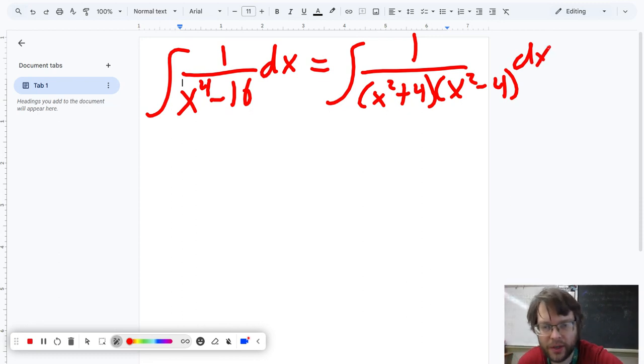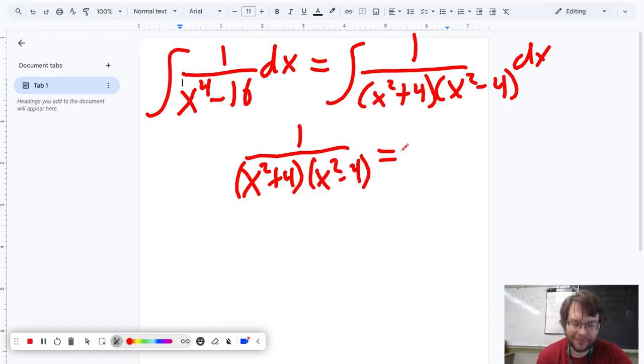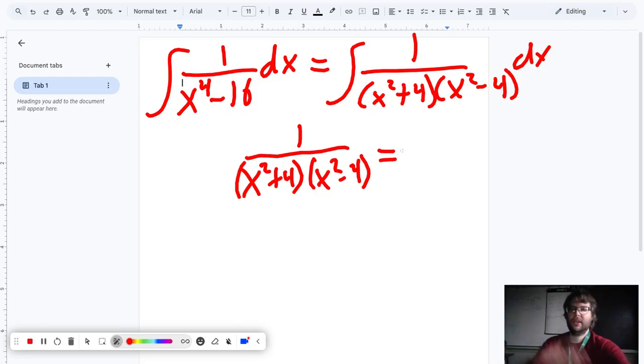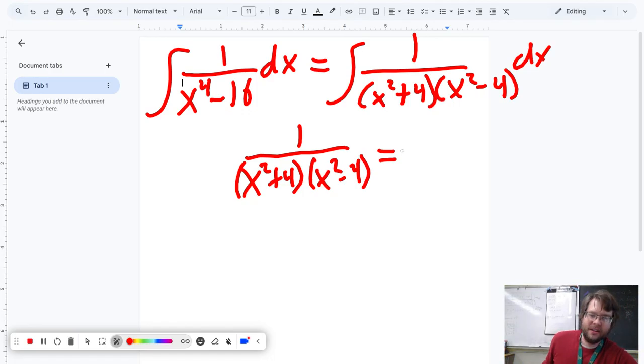Then we could split up our partial fractions. But you got to be careful there with the partial fractions decomposition, because those are quadratic pieces.